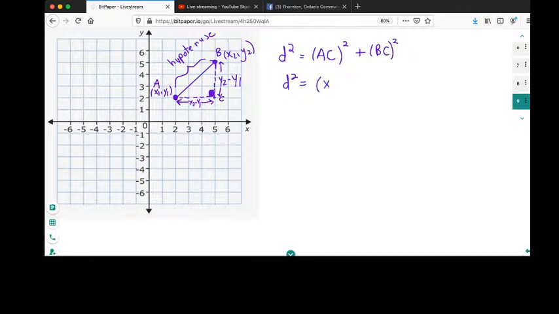So x2, which is the x value of point B, minus x1 squared plus y2 minus y1 squared. And then because this distance, or d value, is squared, I need to square root both sides in order to solve for the actual distance, because that's how you get the answer to what you're asking.